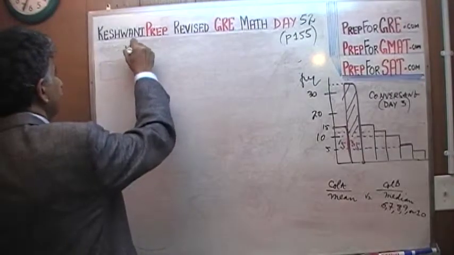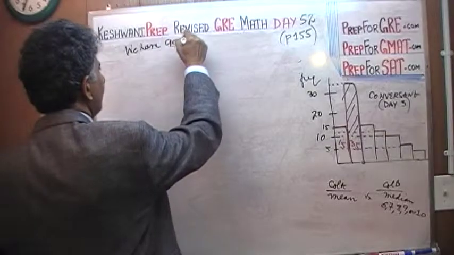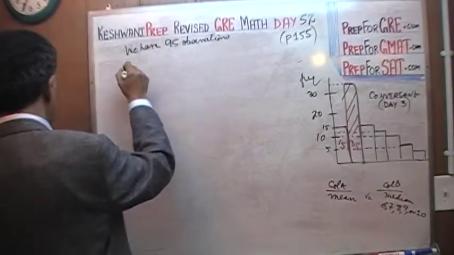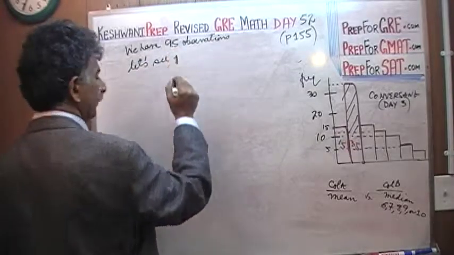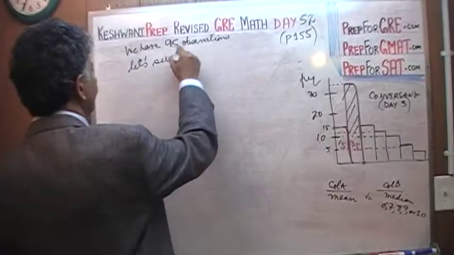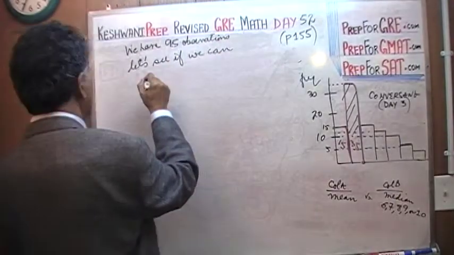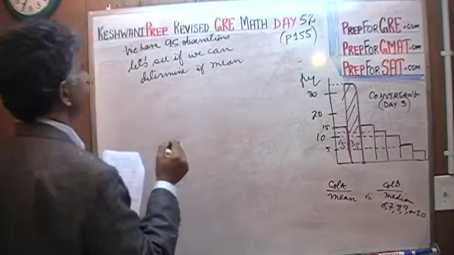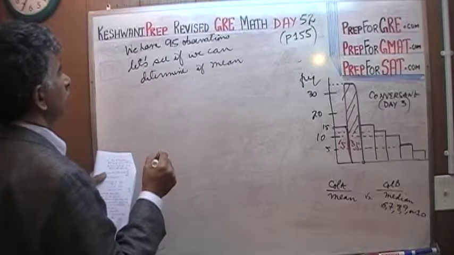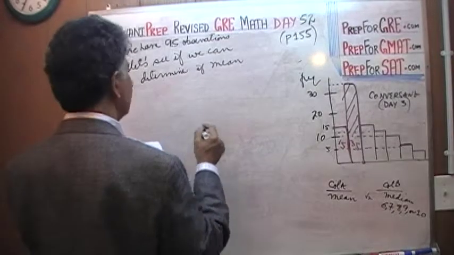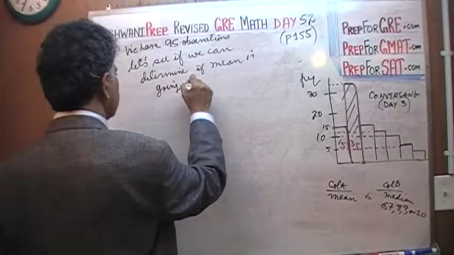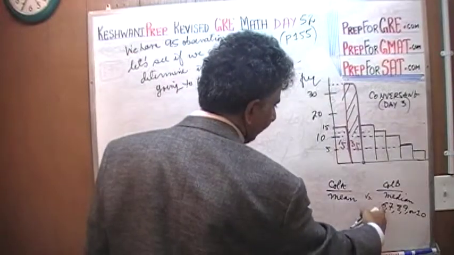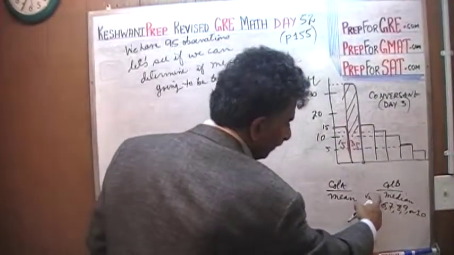So here we have 95 observations. Let's see if we can determine if the mean is going to be below 6, if the average of these 95 observations is below 6, in which case it doesn't matter whether the median is 6, 7, 8 or 9 or 10.